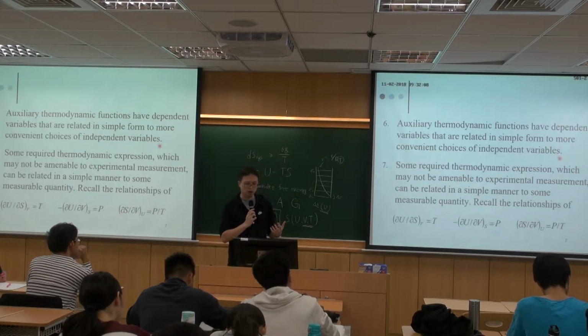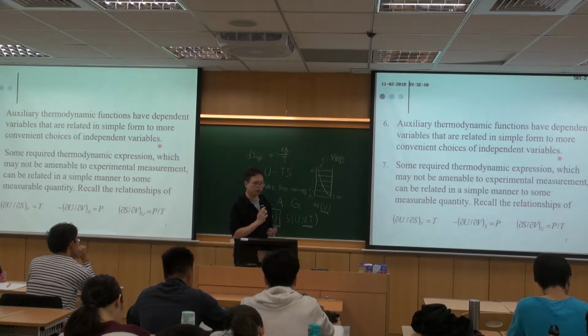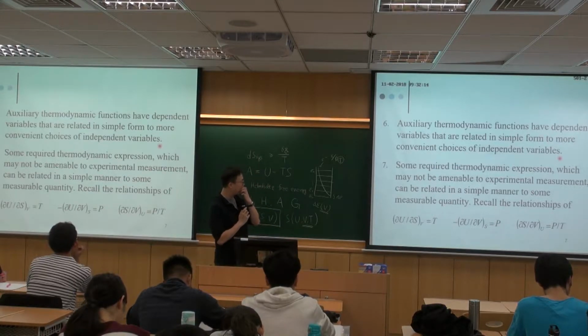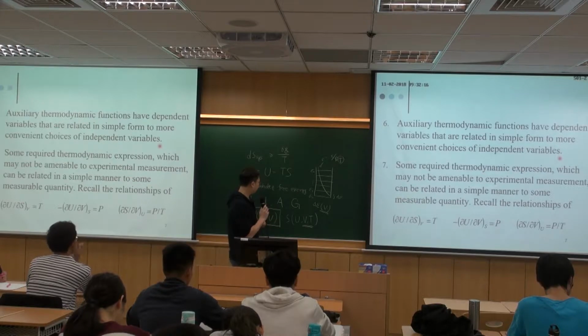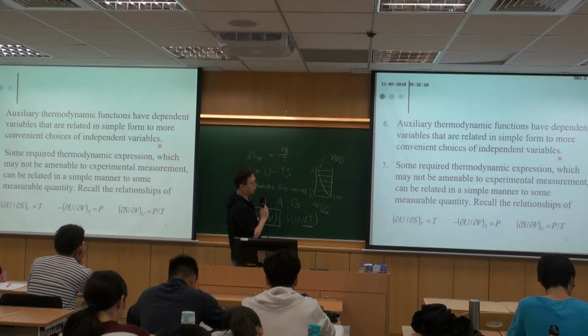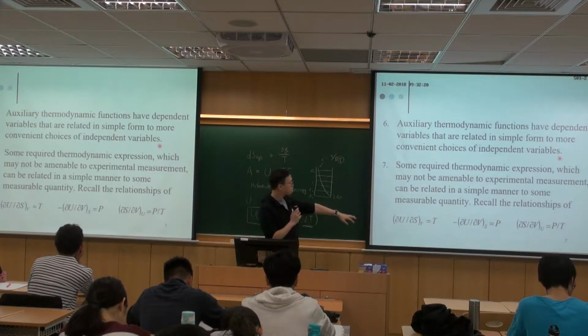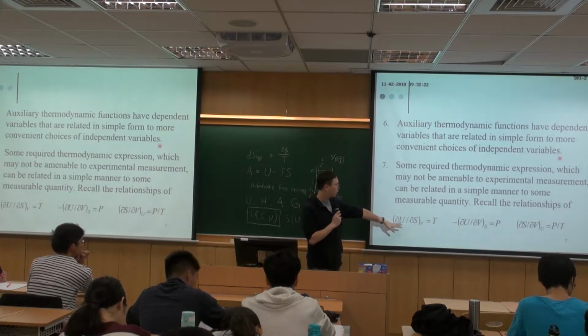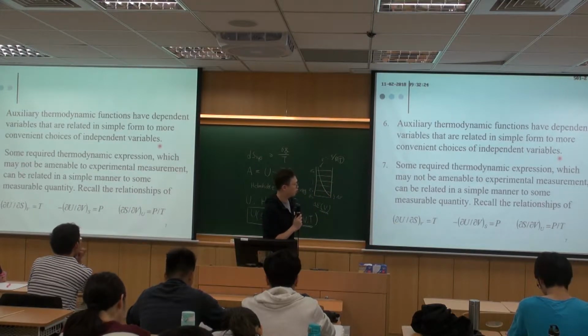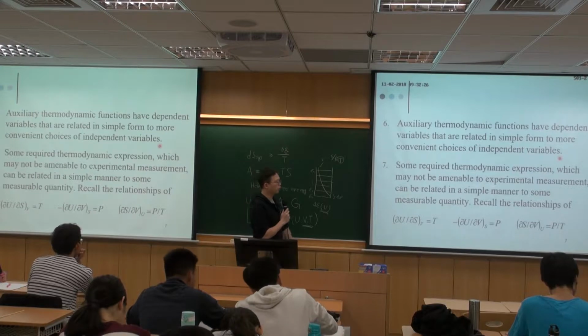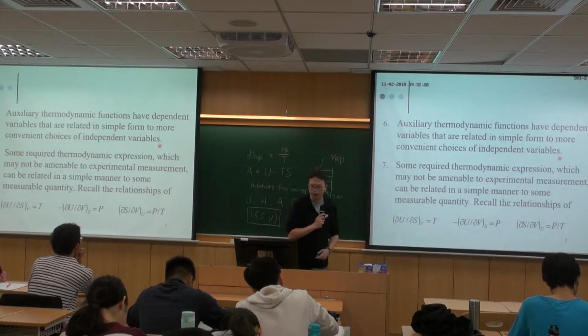Okay, and there are some already derived thermodynamic expressions. I think we've seen this before when we talk about this expression. We've already derived that temperature is partial U partial S at fixed volume, and the pressure is partial U partial V at fixed entropy.